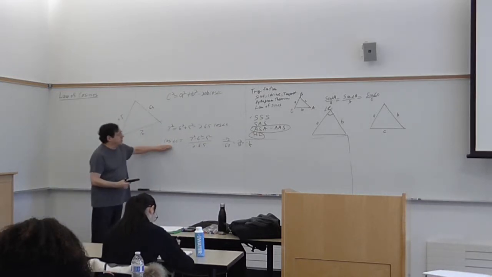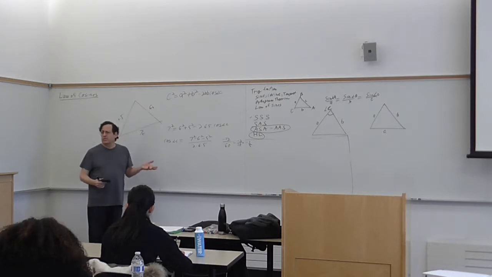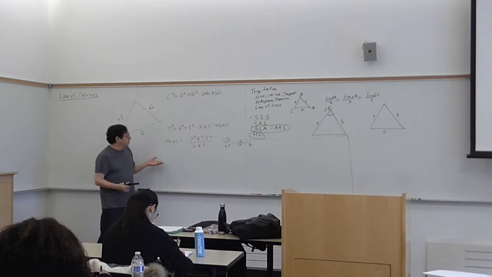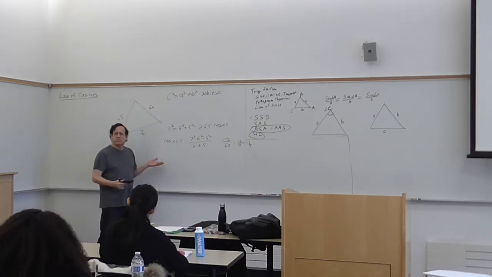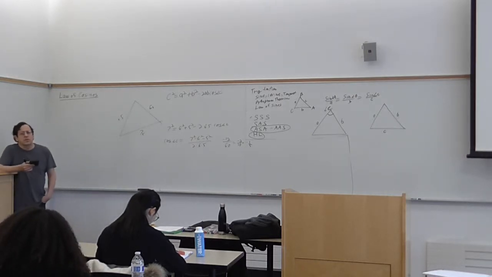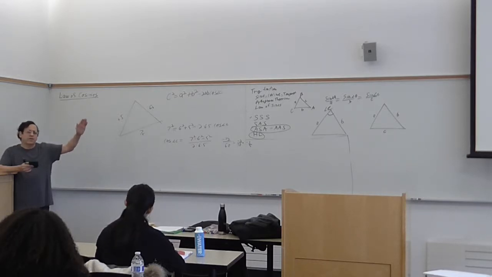Okay, well that's interesting. My cosine is negative. What does that mean? Between 0 and 90 degrees, my cosine is positive, right? It goes from 1 down to 0.